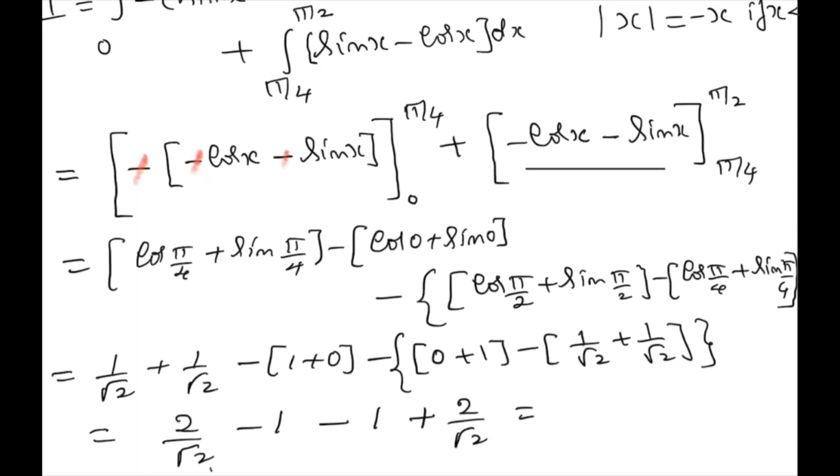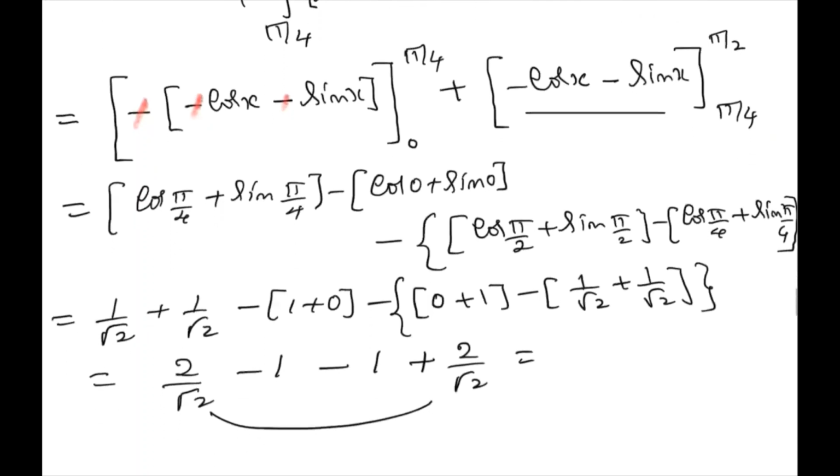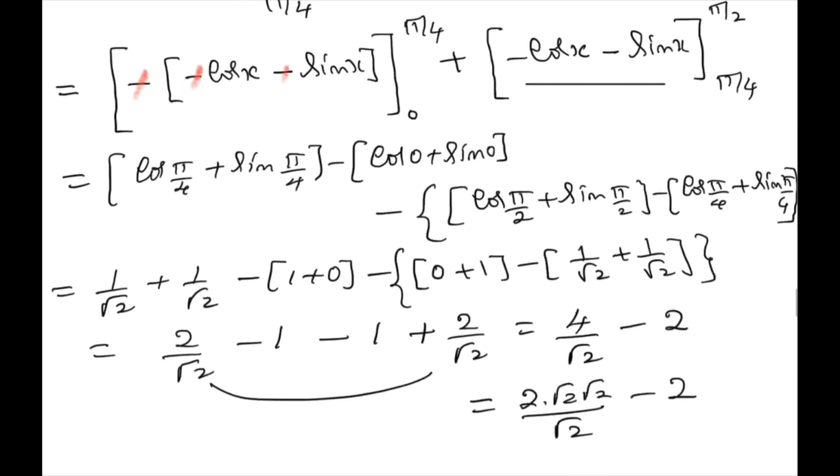Combining these two, 4 upon root 2 minus 2. You can write this as 2 into root 2 into root 2 by root 2 minus 2. These two get cancelled. You will get 2 root 2 minus 2.